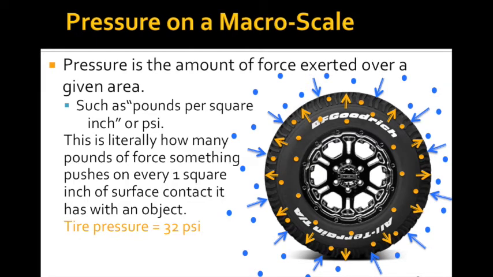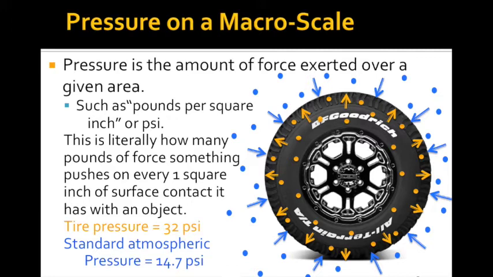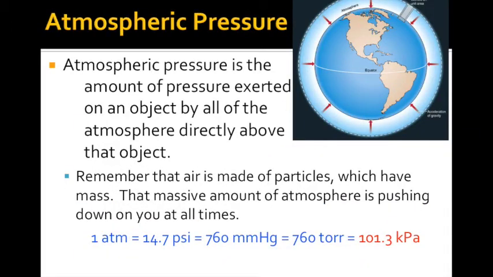So the particles inside the tire, or balloon, or blimp, or whatever, are pushing outward on the tire from the inside, and the atmospheric particles are pushing inward on the tire. And it's all about those particles colliding with the sides of the container, in this case the tire. And it's that atmospheric pressure that we're going to kind of focus on here a little bit.